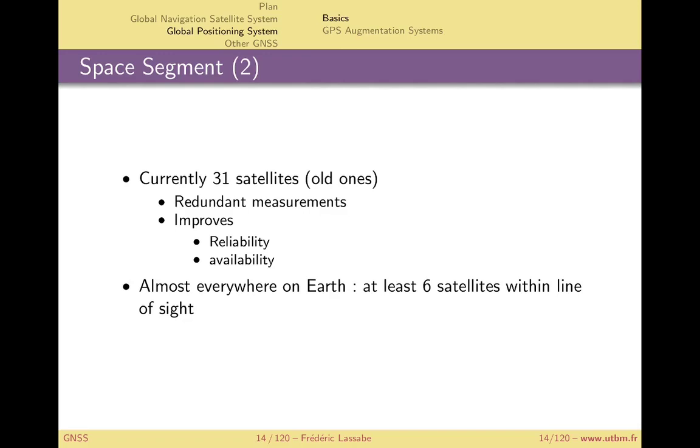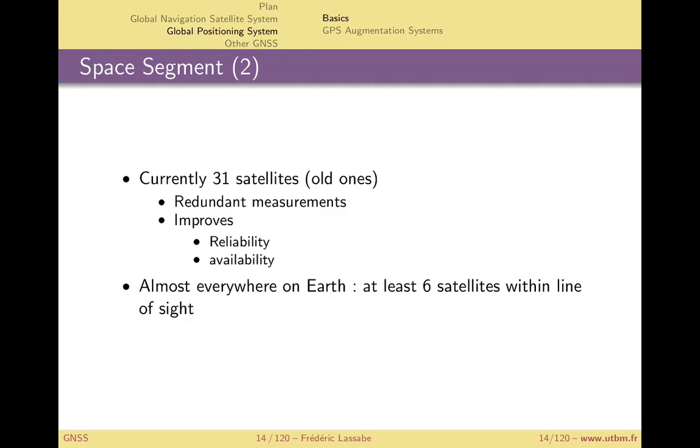So if it's still operational after this target date, you still put the new one in space because you have no guarantee on the operations of the old satellite. But as long as it's still operational, you will use it to improve further the accuracy and the precision of the system.